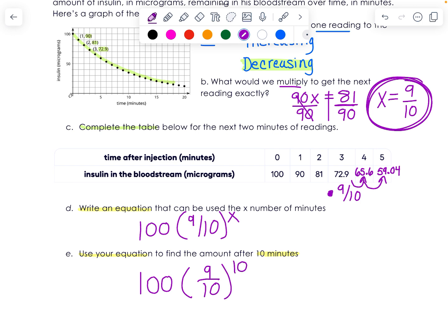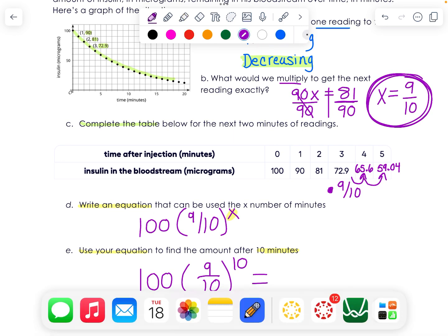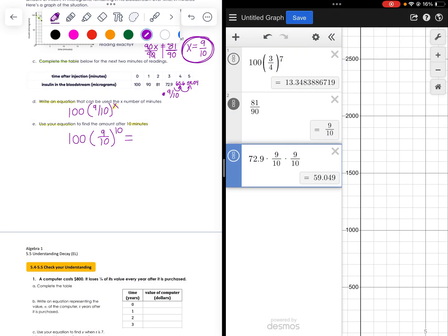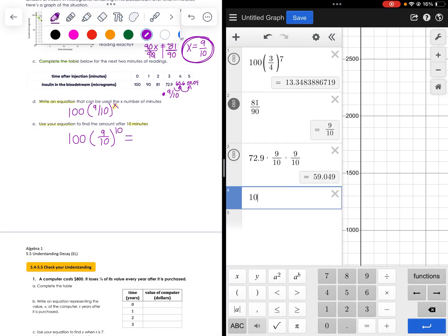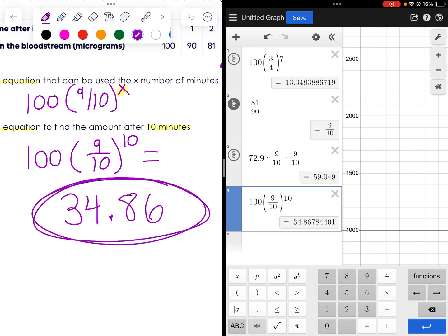The 10 is going to replace the x value in our equation. And we're going to have to type this into Desmos to get our answer here. So 100 times 9 over 10 to the 10th. We have 34.86. 2 decimal places.